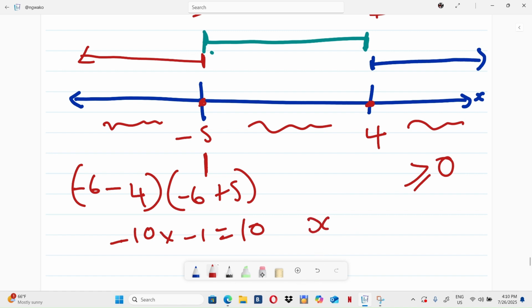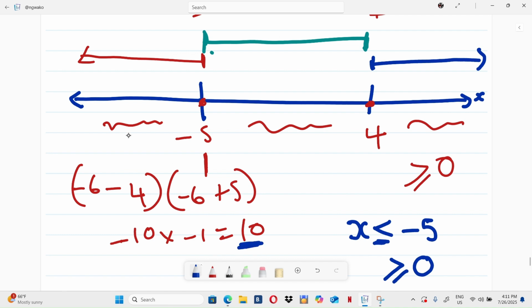Therefore, x, let me start on the other side for the other student, where x is less than or equal to minus 5. The values are greater than or equal to 0. I need you to hear me. Again, we found out that this 10 that we got from here, when we were substituting the x values that were below minus 5.